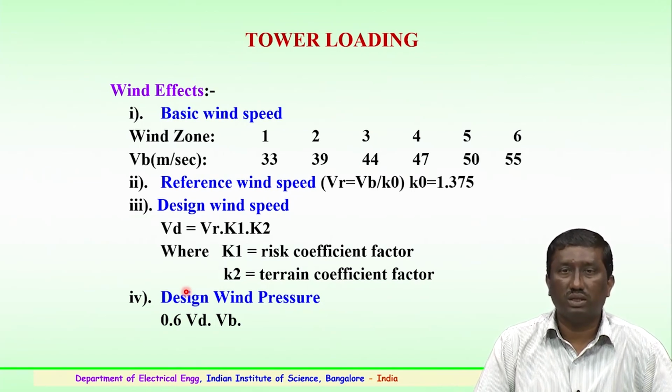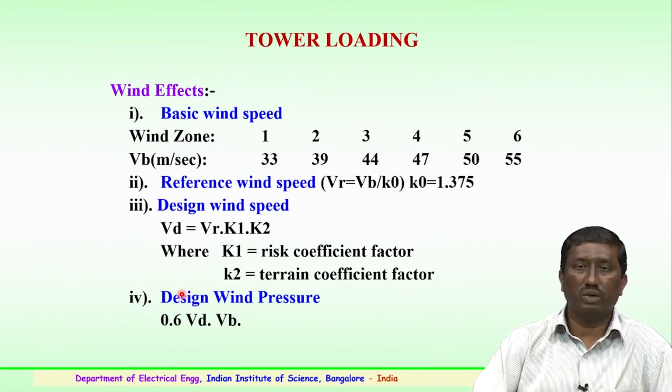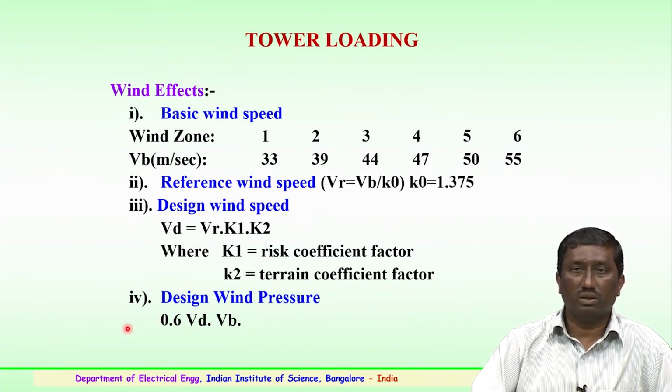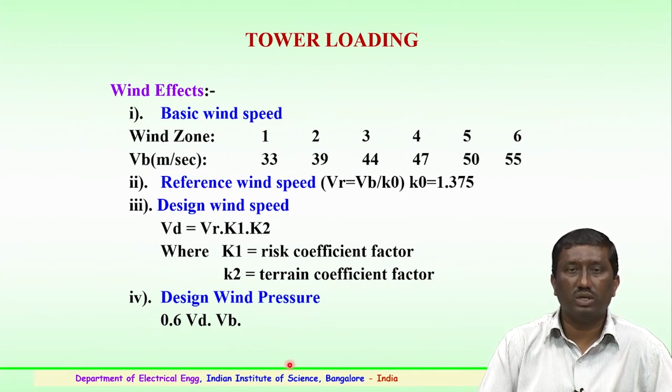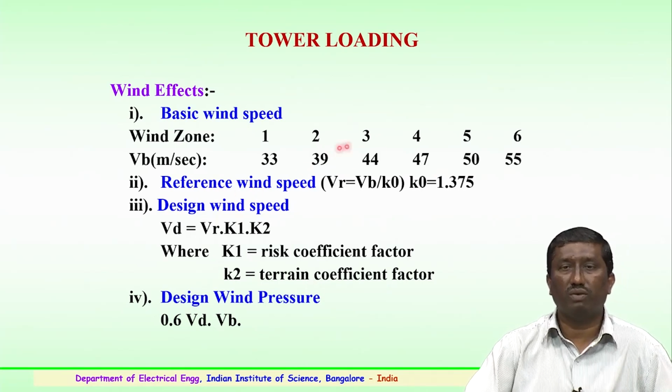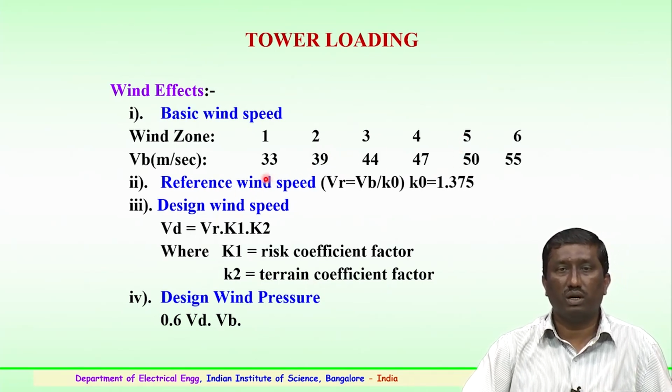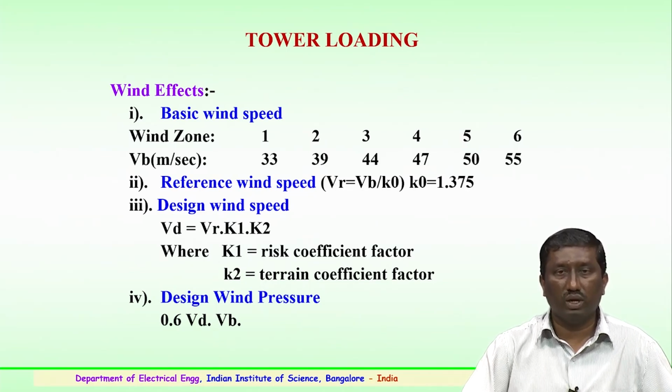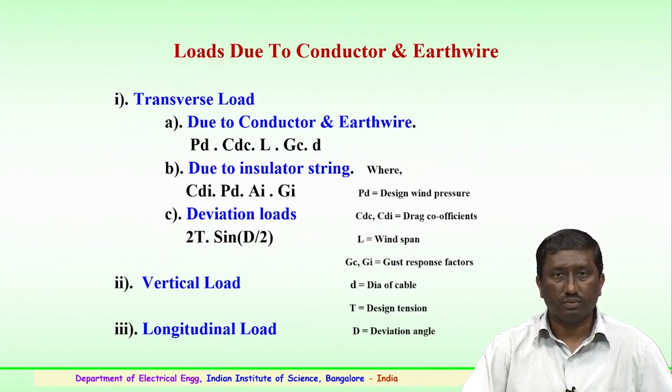So, suitable factors have to be considered for the tower loading. Then the design wind pressure considered is 0.6 times VD squared, with VB specified for various zones.